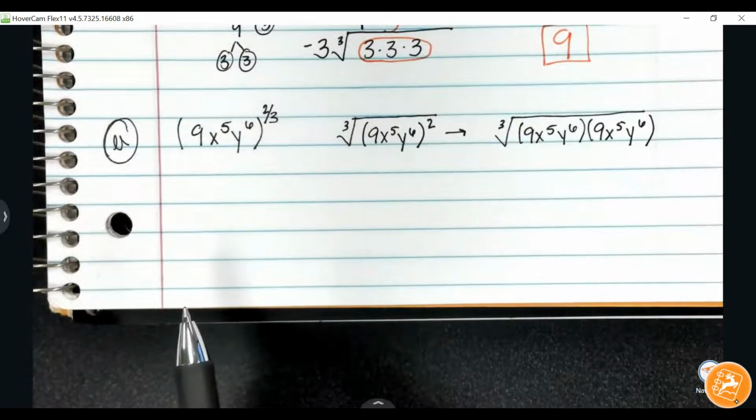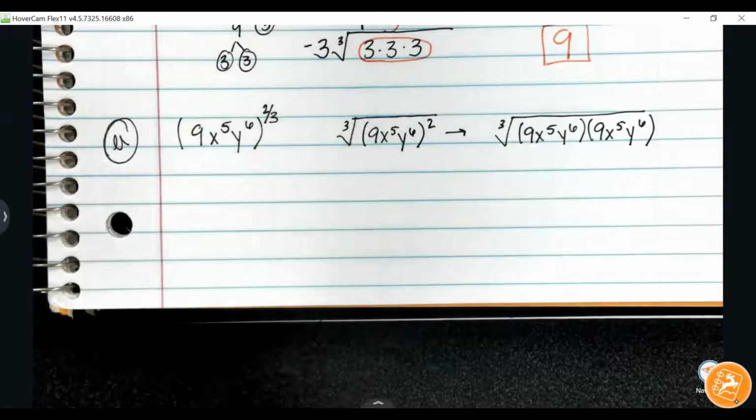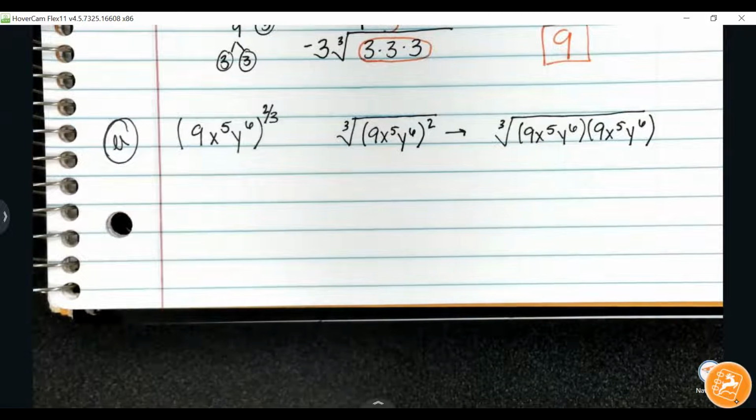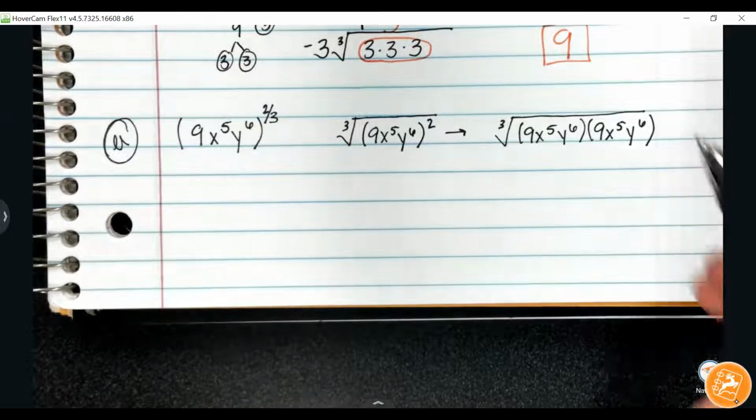Okay, now you have two choices. We can actually multiply these and then break them down, or we can break them down separately. That's my suggestion, okay?